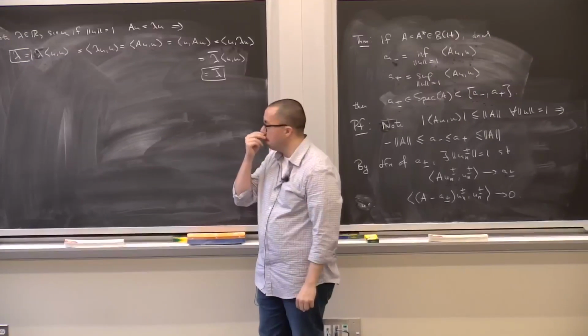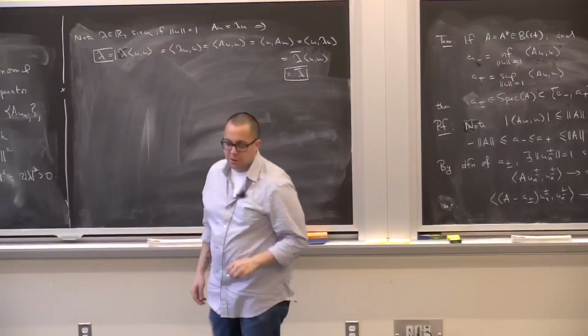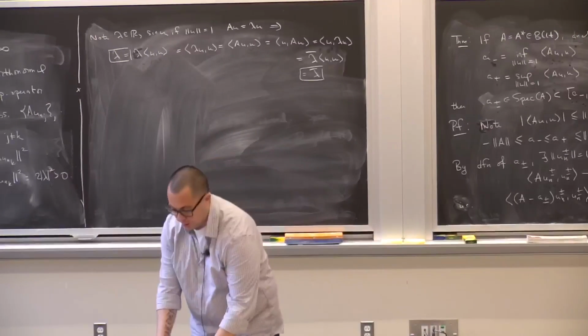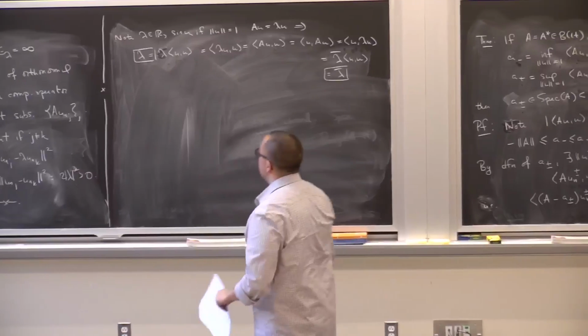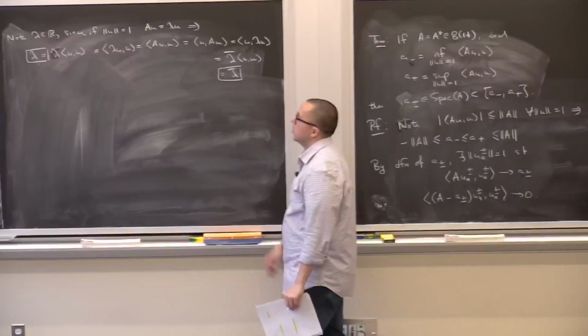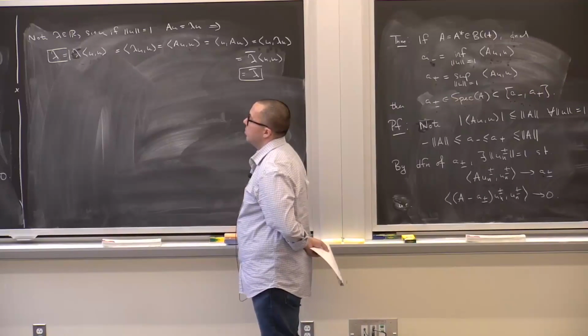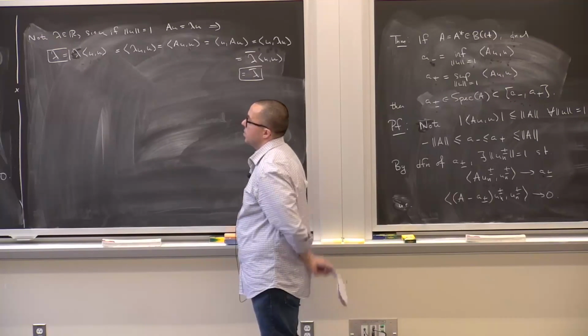All right, so that proves part 1, that the eigenvalues of a self-adjoint operator have to be real, and the eigenspaces, which is what I have just started calling the E lambdas, have to be finite dimensional for a compact self-adjoint operator.